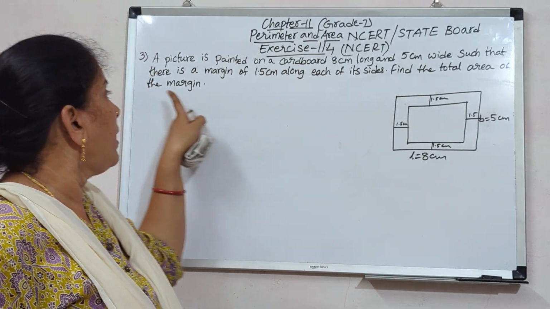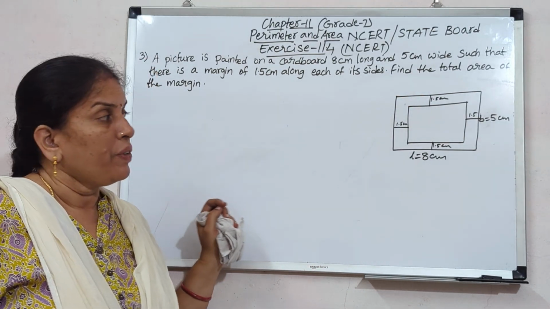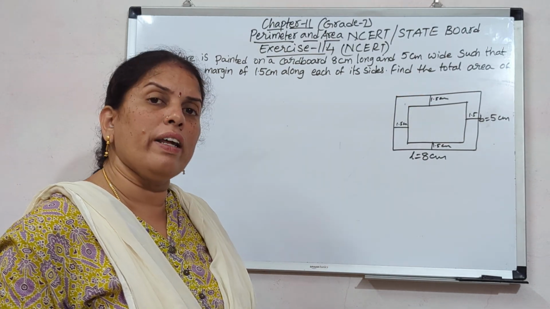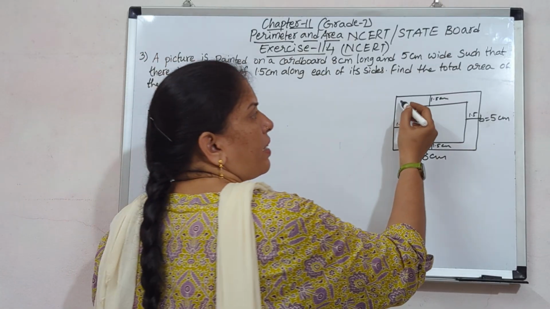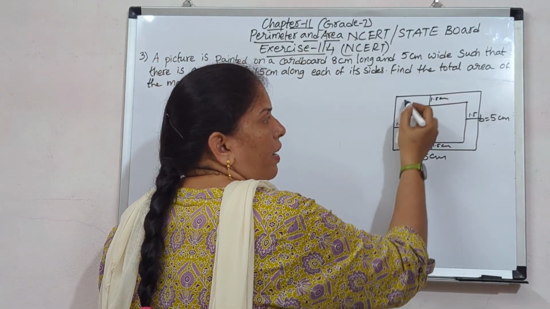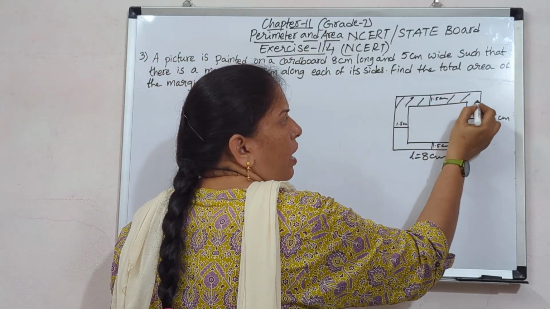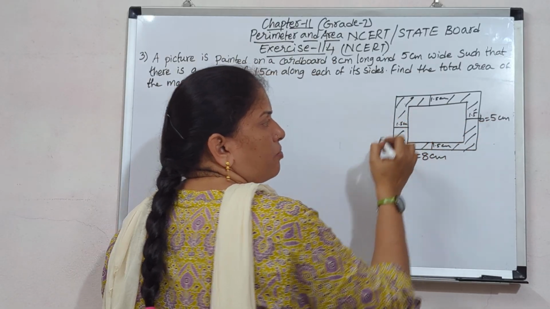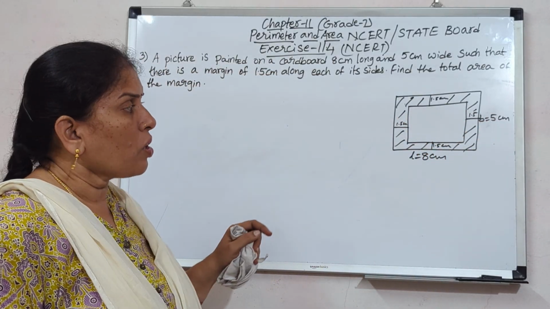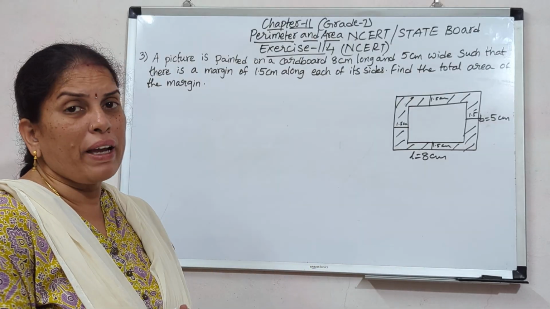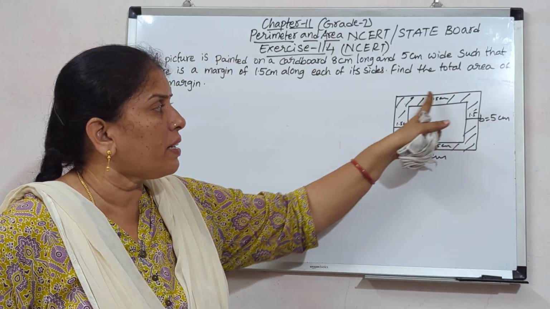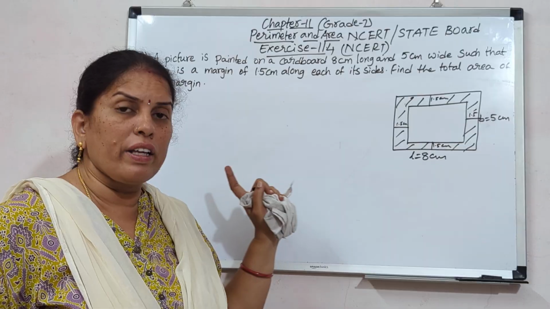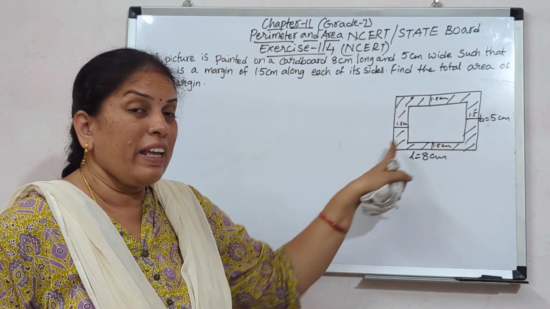Find the total area of the margin. They asked you to find the total area of the margin. Where is the margin? Here. This is the margin. Okay. They asked you to find out the total area. Okay. So, if you observe, area means what is that? In the previous questions you already got the path, area of the path.